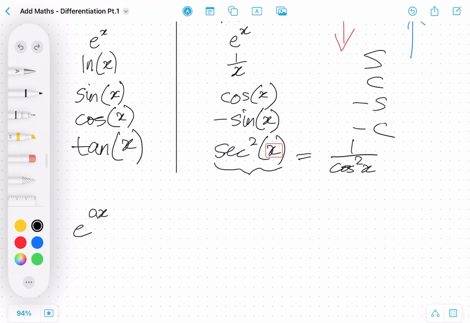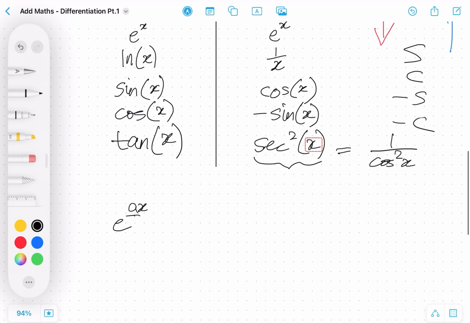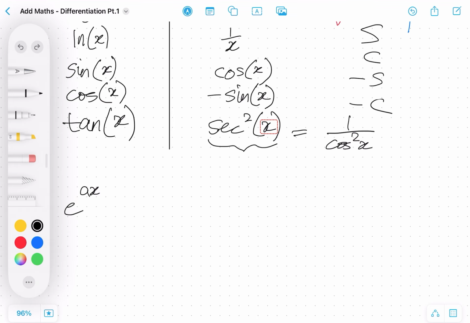There's a simple way to know it: if we have an a in front of the x for the exponential function, you just differentiate the power, ax, bring it to the front, and leave the function up there as the same. For example, if we had e to the power of 5x, we differentiate the power, which gives us 5, and then we bring the 5 down, so that gives us 5e to the power of 5x, and we keep the initial function there.